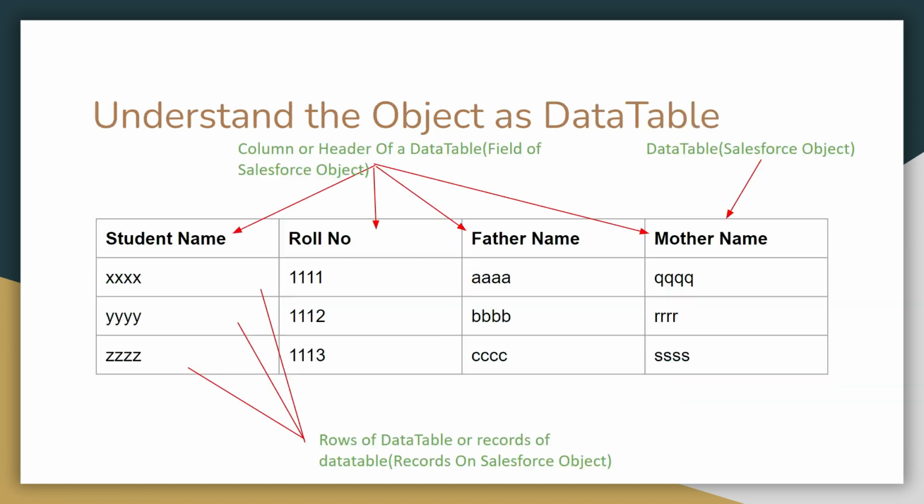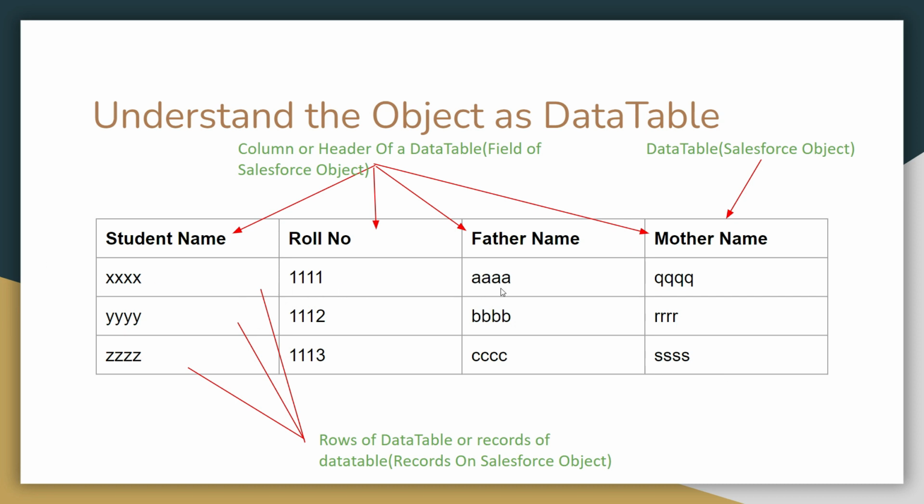So we will discuss in detail what a table is and how we can store the data in Salesforce. Maybe you can get a better idea after understanding this table. Here we have the first column as student name, the second column as roll number, the third column as father name, and the fourth column as mother name.